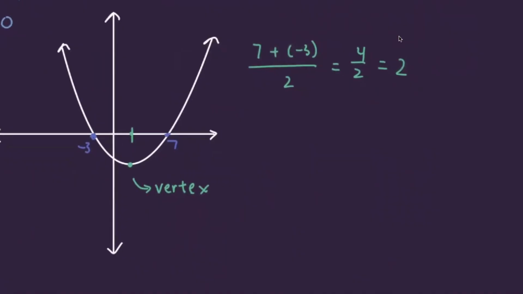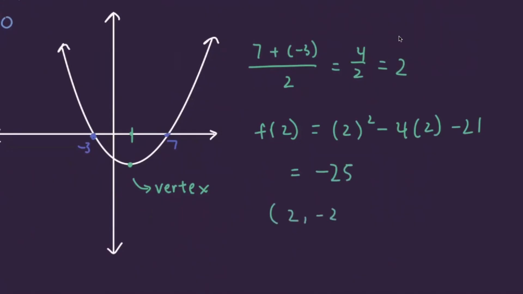Once you find the x value, you can plug it back into the equation, which is f of 2 equals 2 squared minus 4 times 2 minus 21, and we would get negative 25. That means the coordinate of our vertex is 2, negative 25.